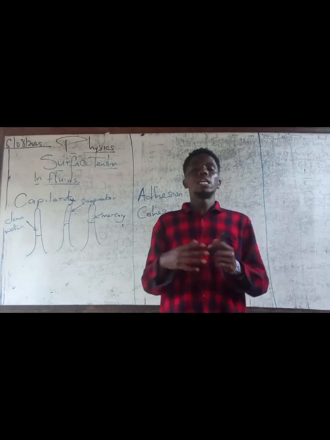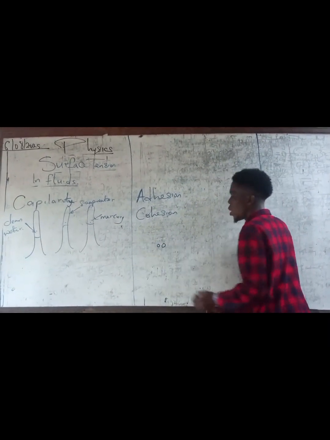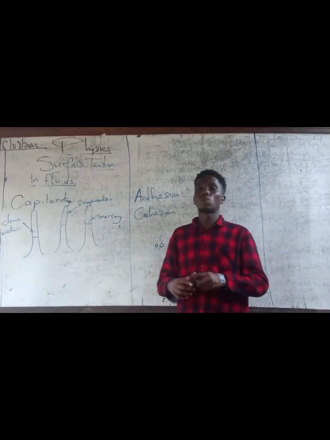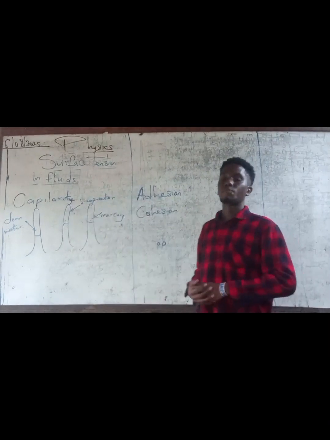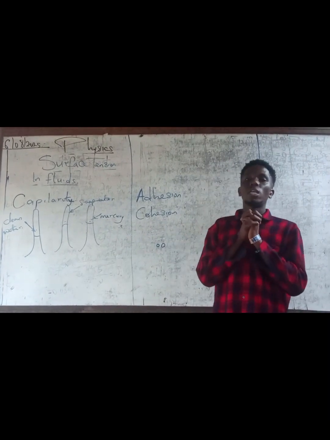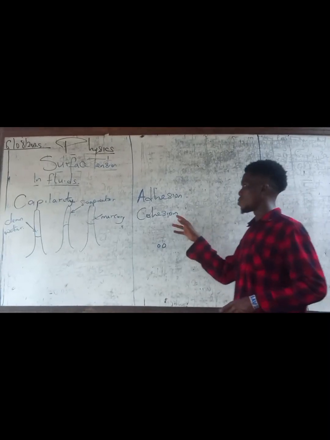Now, what does this mean? For instance, molecules of water. If you have 2 molecules of water, there is always a force of attraction between these molecules, and that goes for every other substance or every other liquid. So there is always a force of attraction between these molecules. That's what we mean by cohesion.